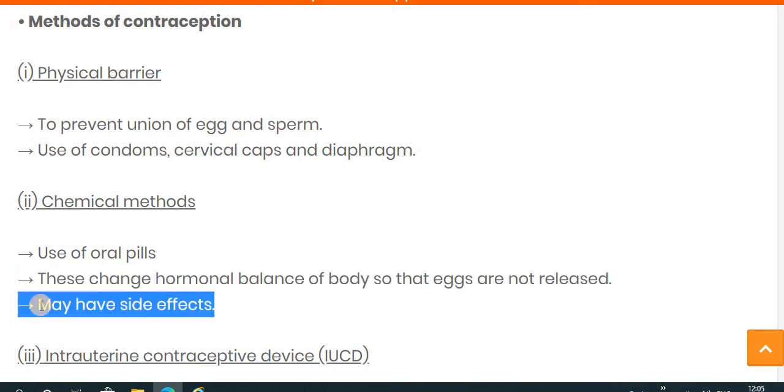If the eggs are not released, then fertilization does not take place. But it may have side effects, because we are taking chemical pills, drugs, so it may have side effects too.